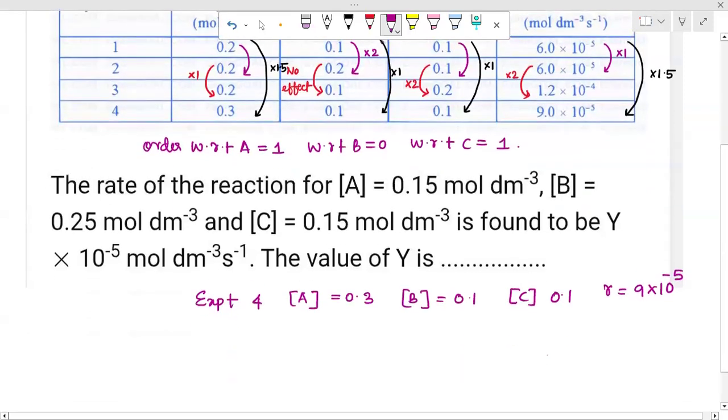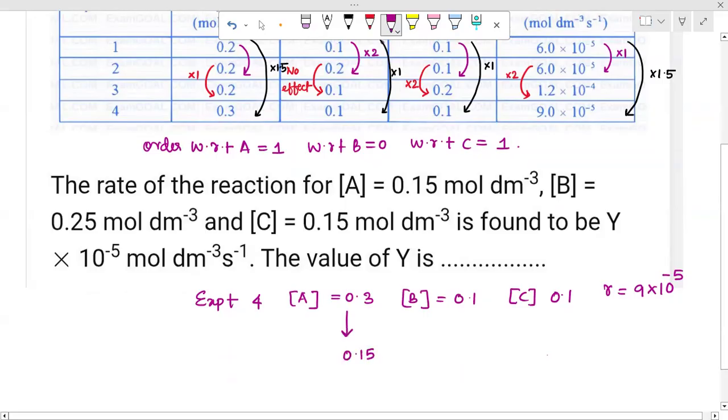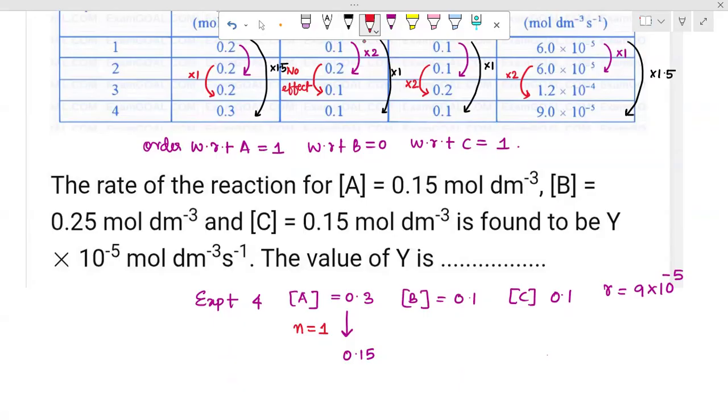Now in the question, let's do it step by step. They have given that you have to find the rate when the concentration of A is made to 0.15. So from 0.3, if I reduce it to 0.15, I know that with respect to A my order is 1. If I reduce my concentration of A by 0.5 times, this is halving, correct?